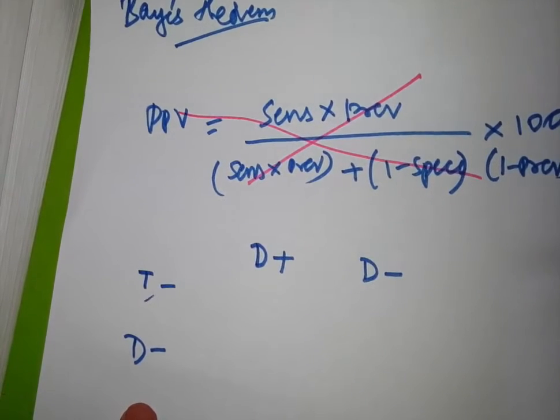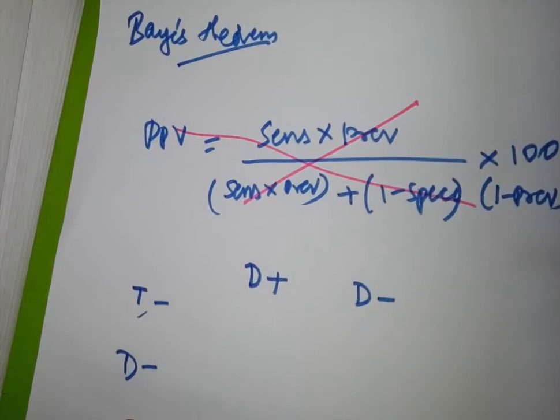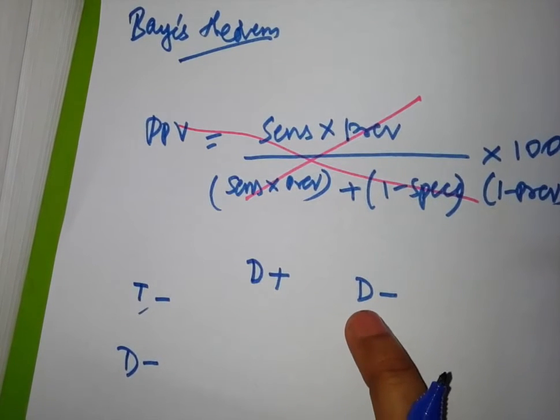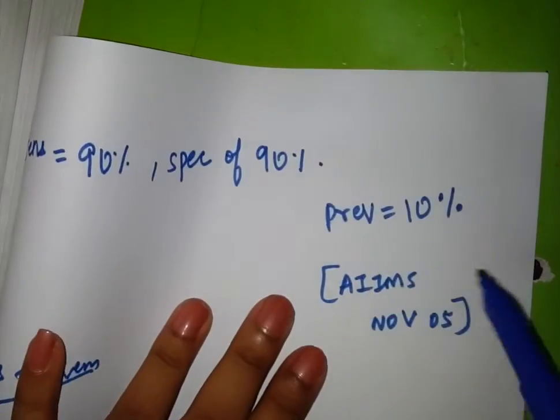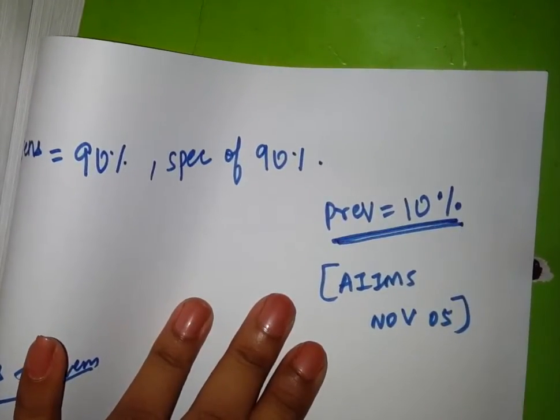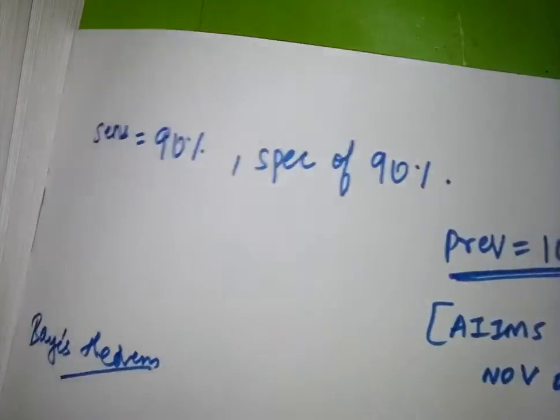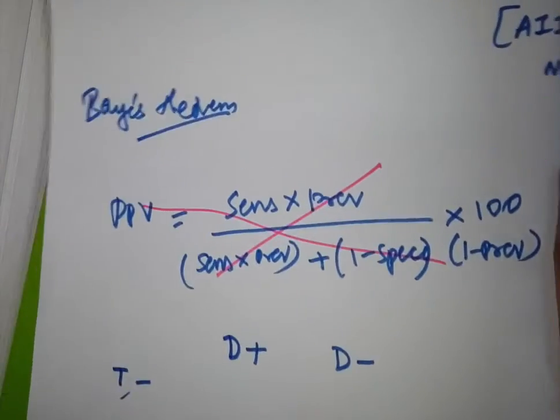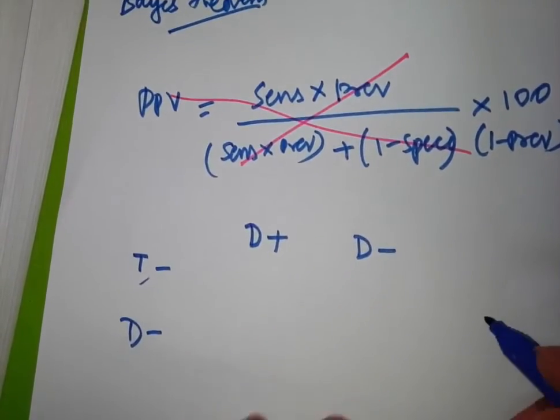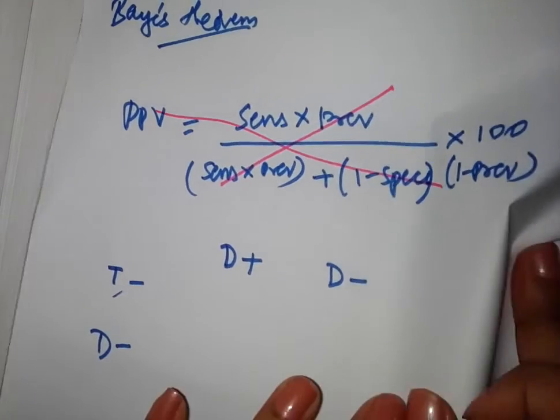So what does the sensitivity tell you? Sensitivity is 90% and specificity is again 90%. Prevalence is 10%, means disease positive is 10%, correct? If they have given percent, for easy calculation, always take it as out of 100.